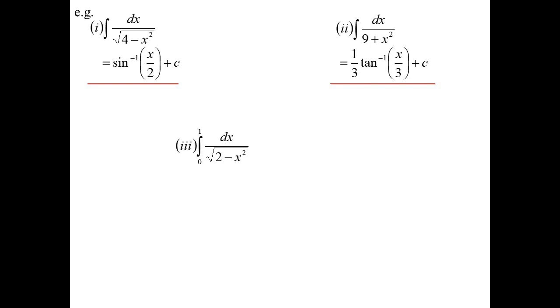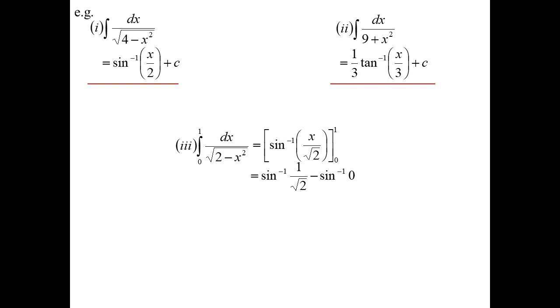Okay, let's do a definite one. Well, that's a straightforward one as well. So that's just inverse sine x over root 2. Be careful with that. Remember, it's a squared minus x squared, so root 2. Sub in 1, sub in 0. We will see these numbers come up a lot because they're going to create the exact values. Now remember, you are subbing into an inverse sine function.